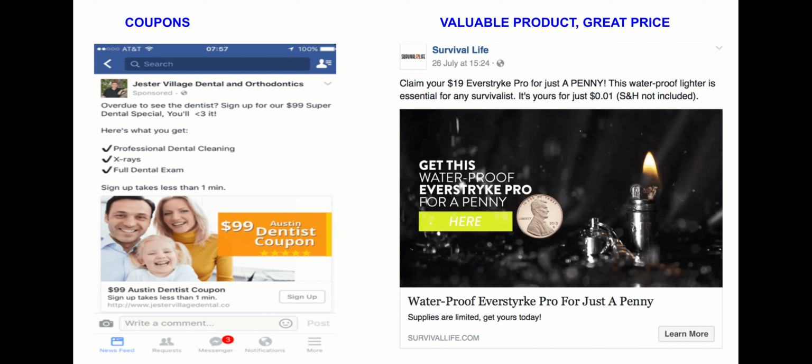So it's very nicely done. It's very simple. So this is what we call a campaign offer. It's not the business itself. It is basically something that is built around an offer. So offering a coupon like that is a great way to get people interested.